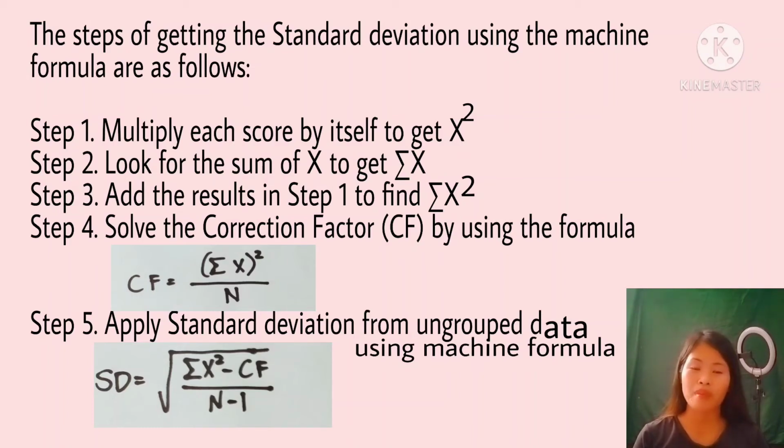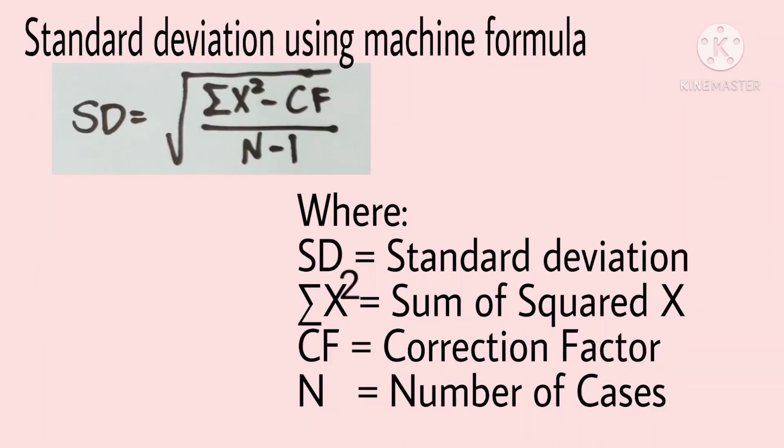We can proceed to step 5 after we get the correction factor. So that's the steps on getting the standard deviation. SD is equal to standard deviation. Summation of x squared is equal to the sum of squared x. CF is equal to correction factor, and n is the number of cases.